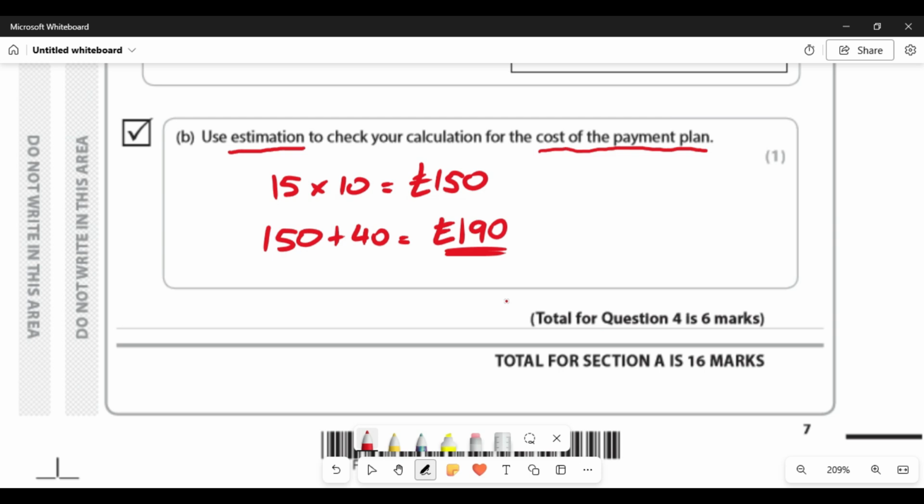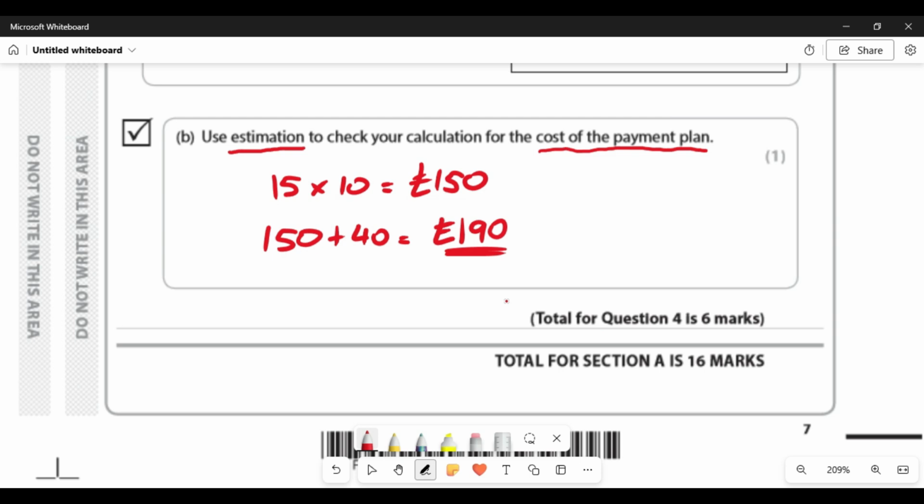You could have used 20. I just think maybe 15 is probably a little bit better. And I believe in the mark scheme it does accept this answer as well. So that's one way of doing it. Or you could work backwards.